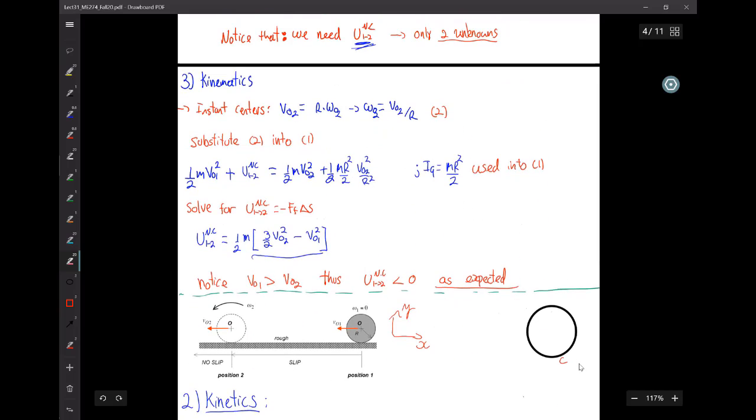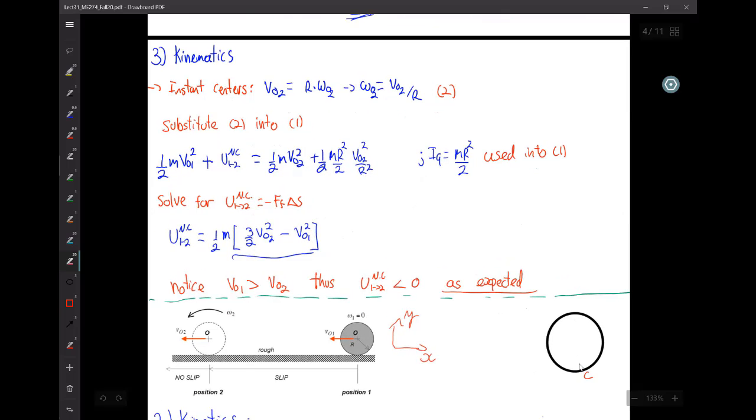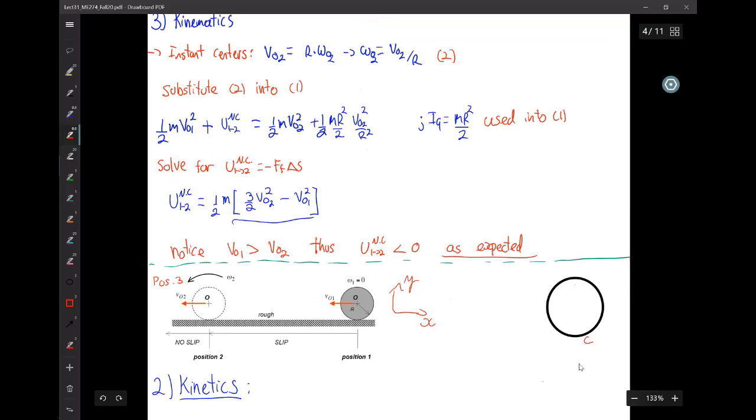So essentially what I want to do is look at the problem again, not from position 1 to position 2, but from position 2 onwards. Let's call onwards position 3, after this wheel has moved for some time. So it's a kinetics problem.